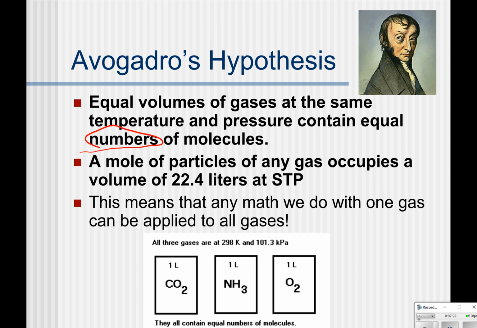And since atoms are so small, we're going to have such a large number, so he decided not to use the actual number of particles for that gas. He decided to use a quantity that we call the mole.